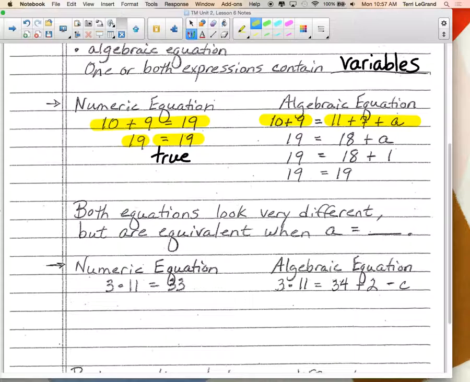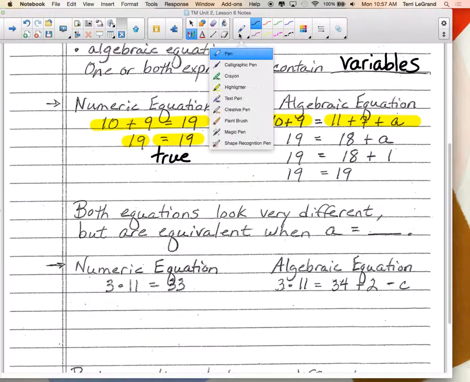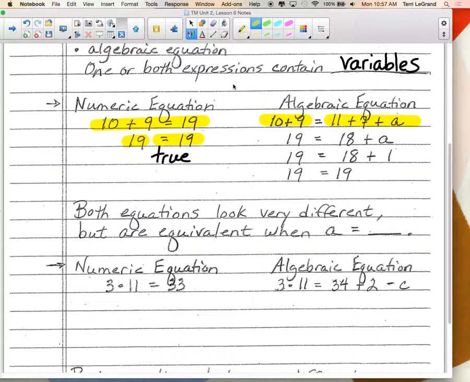So what we can do is start simplifying so we can find what A is equal to. So 10 plus 9, well, the left side's got to be 19. We're going to do just like you were just doing over there. I can add those guys together. 11 plus 7 is 18. This will help us find the missing number.